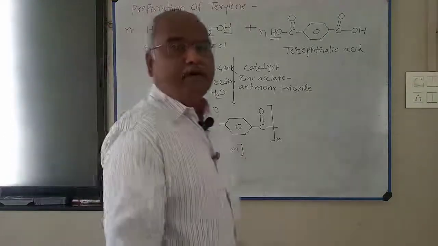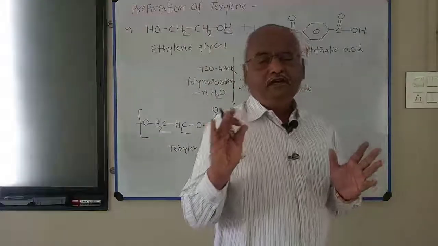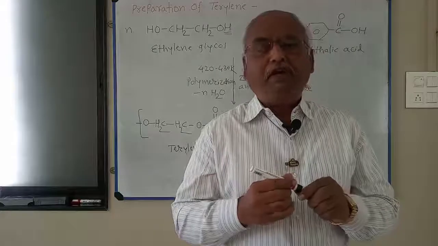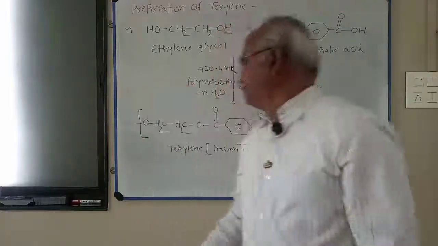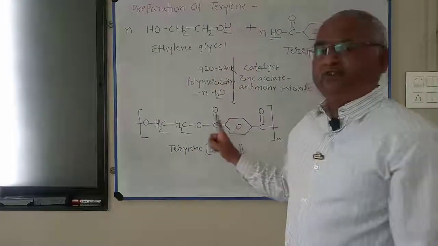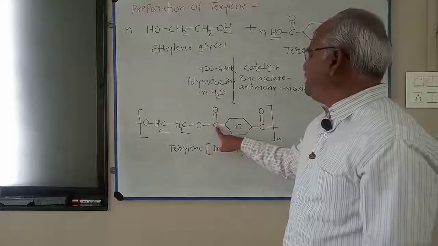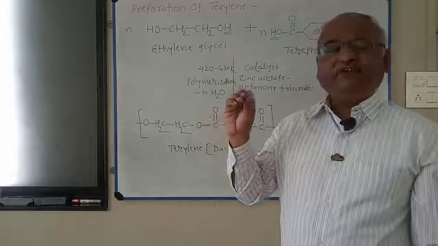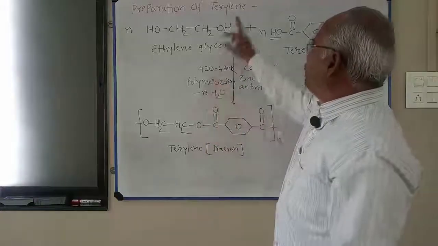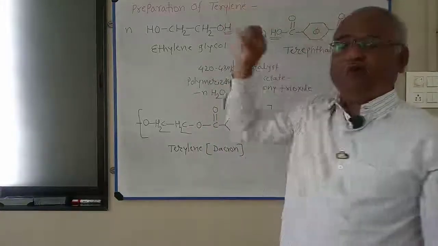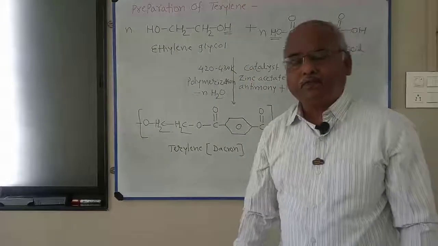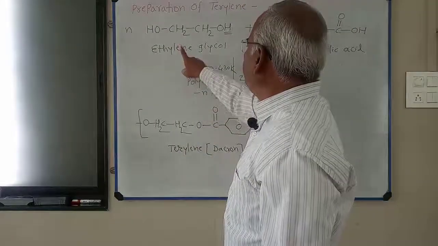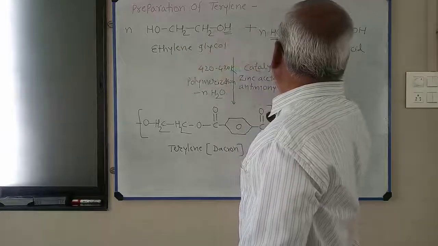So remember, terylene is a polyester fiber or polyester polymer. It contains ester linkage C double bond O. This is ester linkage. So terylene is polyester fiber formed by the combination of ethylene glycol and terephthalic acid.